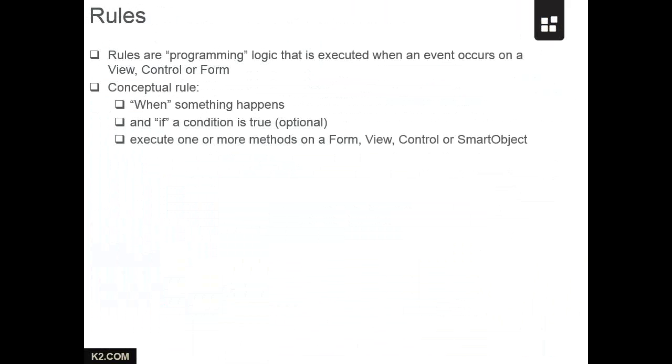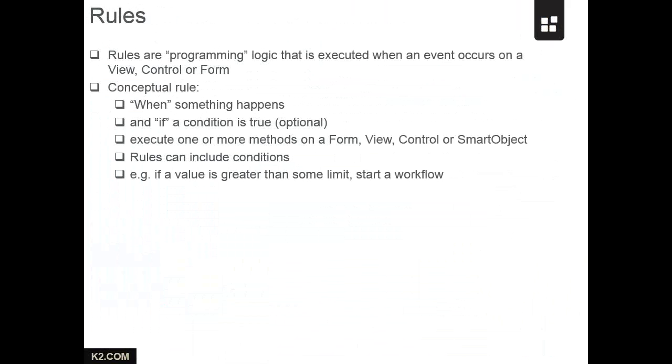and then there's the action. What are you going to do? Are you going to execute a method? Are you going to hide a control? Are you going to navigate to a different URL? And so on. For example, a type of condition might be if a value is greater than some certain limit, then kick off a workflow.